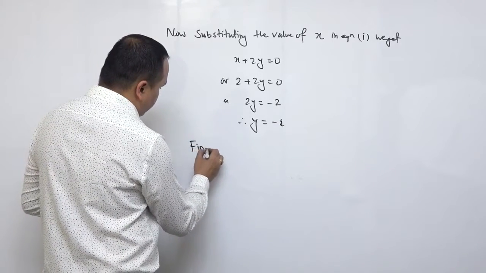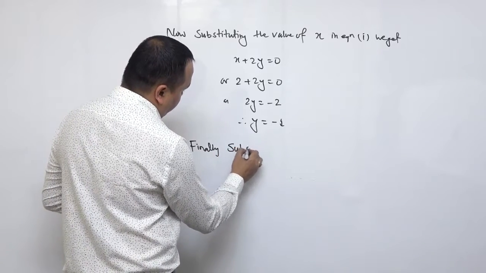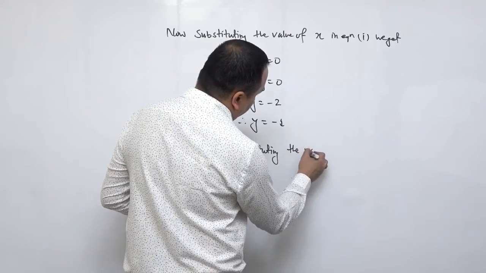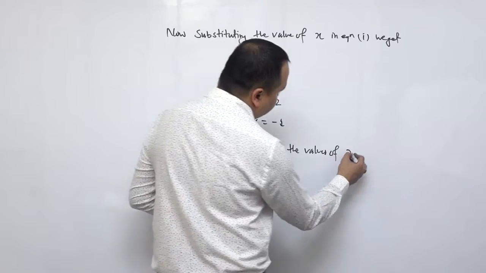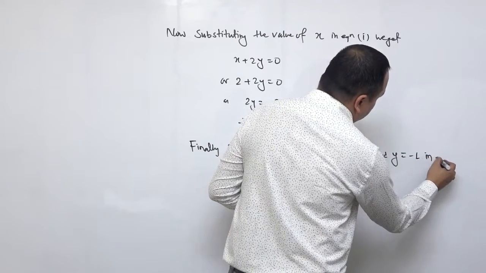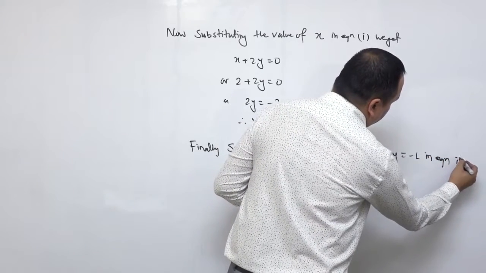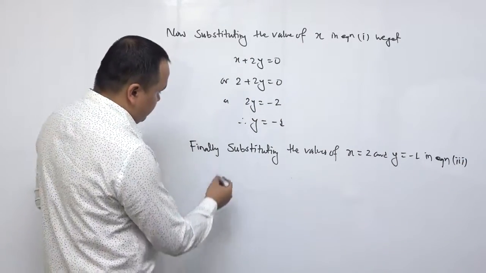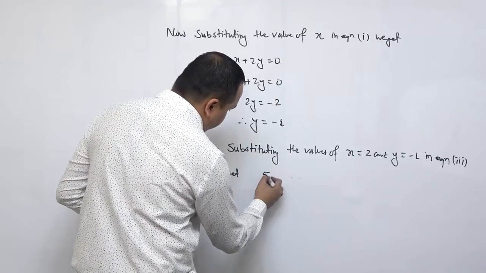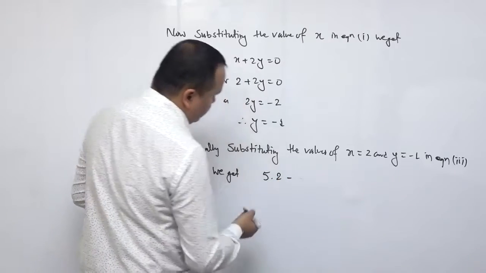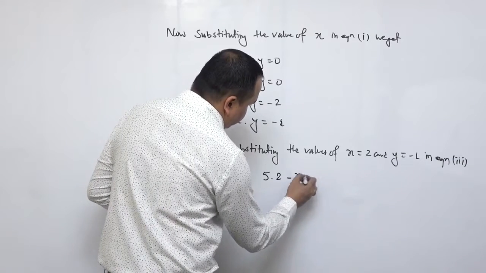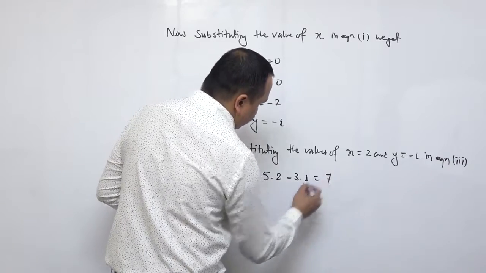Finally, substituting the value of x is equal to 2 and y is equal to minus 1 in equation III, we get 5 into 2 minus 3 into 1 is equal to 7.